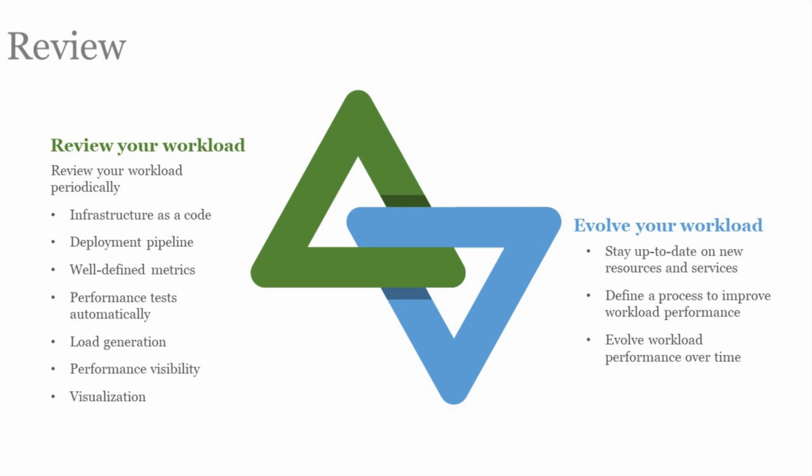You need to have a process to test the performance of the workload against new offerings. This can be using a separate test environment or using synthetic monitoring. Evolve workload performance over time. Based on the data gathered from your workload metrics and testing them against new features and services, you should evaluate the components which would best benefit from evolving with the changes.